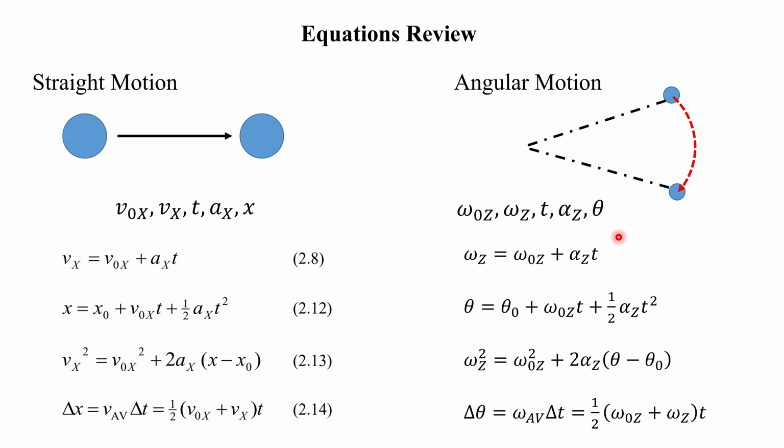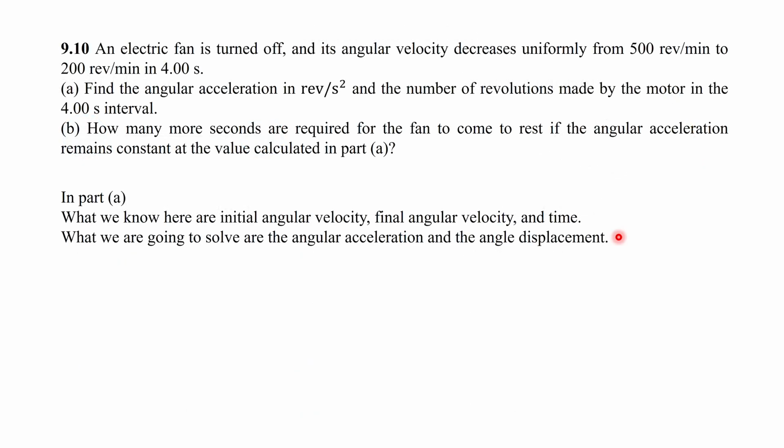Let's go back to the question. The first question asks us to calculate the angular acceleration. What we know is the initial angular velocity, the final angular velocity, and the time. So we already know 3 parameters, and we can solve for the other 2: the acceleration and the displacement.